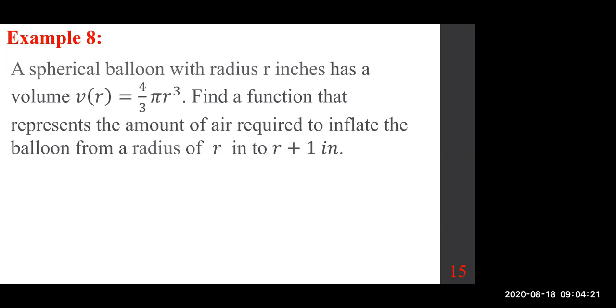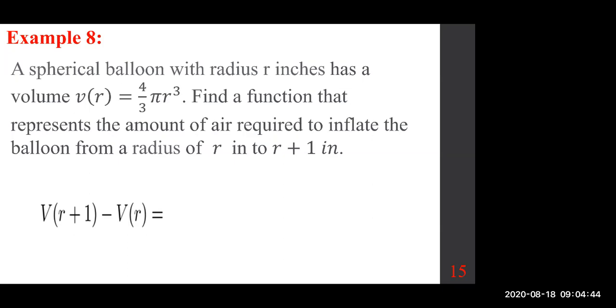Simply put, we calculate the V at r plus 1, subtract from it the V of r. V of r is given, 4/3 pi r cubed. Now replace the r with r plus 1 also. So V of r plus 1 minus V of r, okay?